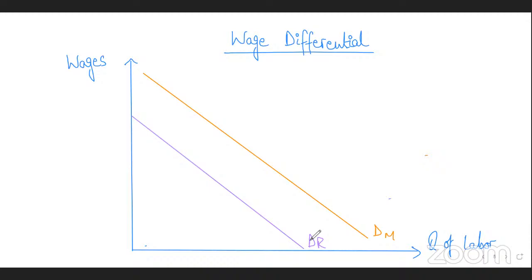So if an employee is more revenue valuable for a company because of the revenue that person generates, then obviously the company would be willing to pay higher wages, right? Does it make sense? So for any quantity of workers, let's say Q1 quantity, for receptionists, how much wage is this company willing to pay to a receptionist, right? This much, right?